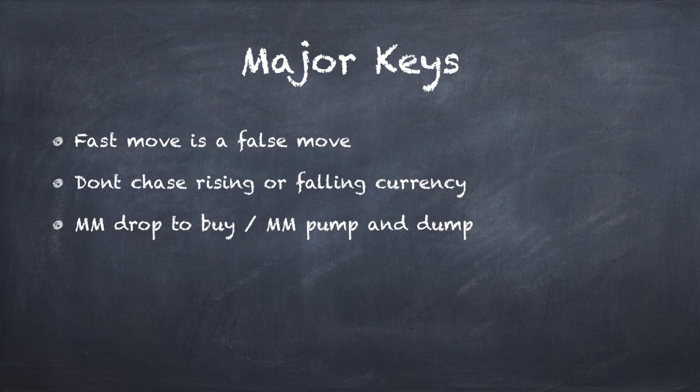Right? Pump and dump. It's the same thing. Market makers will drop price, will make that aggressive move, that false, fast move down because they want to buy. Just like they'll make the false move up because they want to sell.